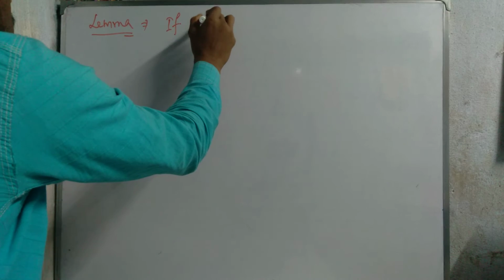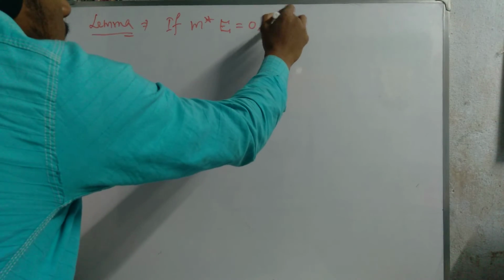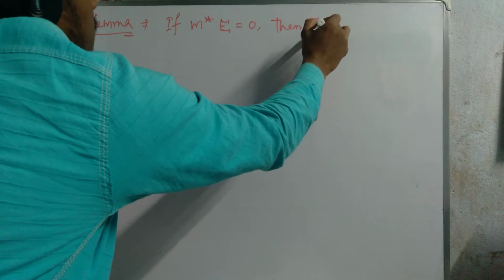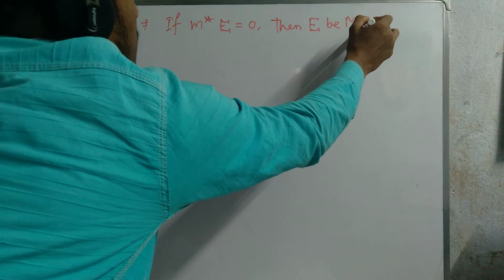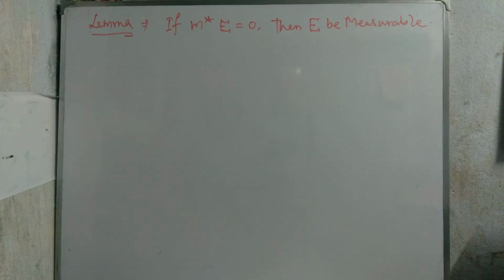Just write this lemma now. The lemma statement is: if m star E equals 0, then E is measurable.